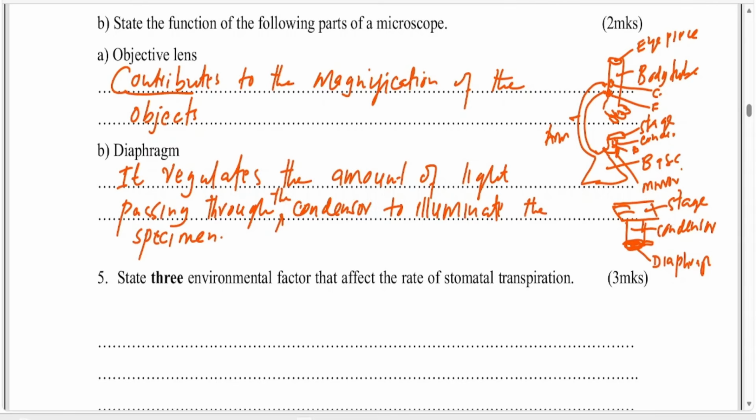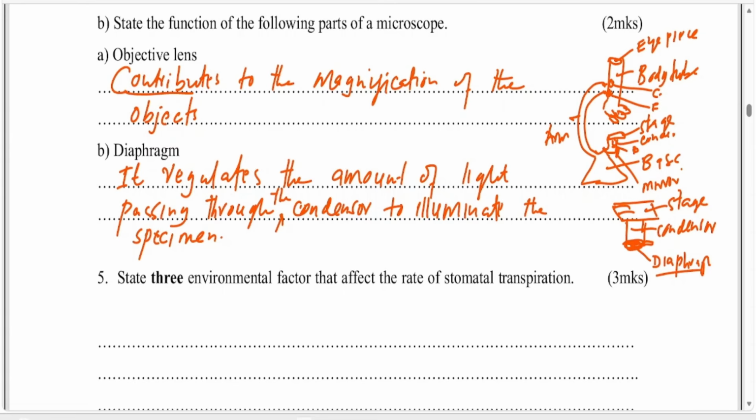To illuminate is just to allow light or to brighten the specimen, or to allow light to reach the specimen. So that is the work of the diaphragm. You can use it, regulates or it controls the amount of light passing through the condenser to illuminate the specimen. And you can see where the diaphragm is.